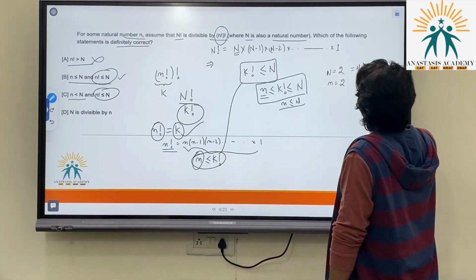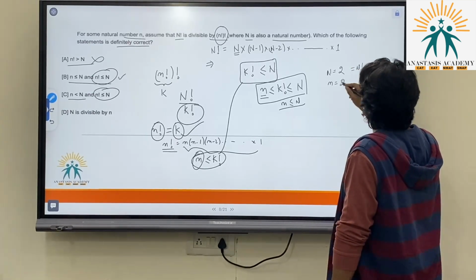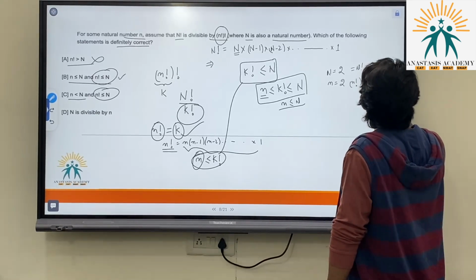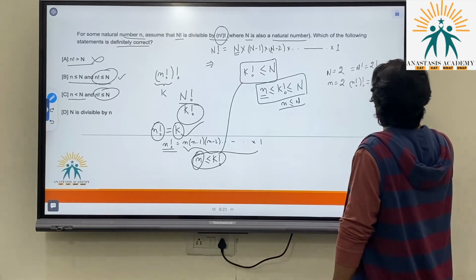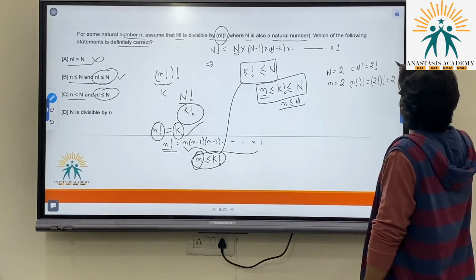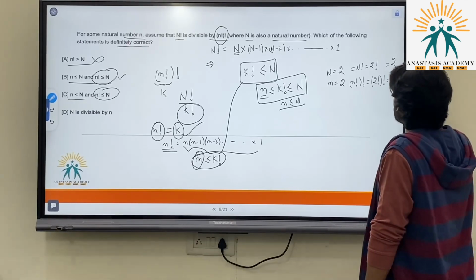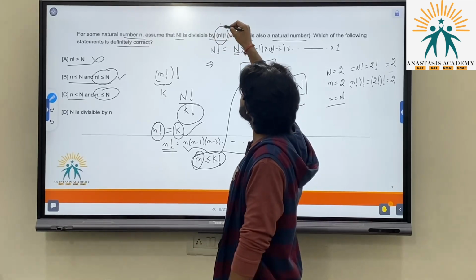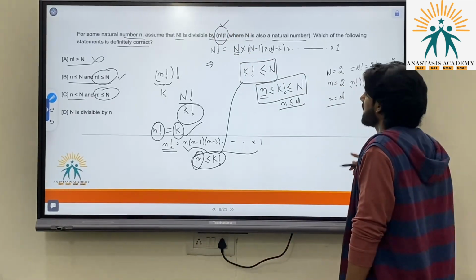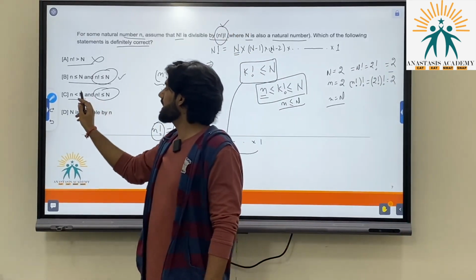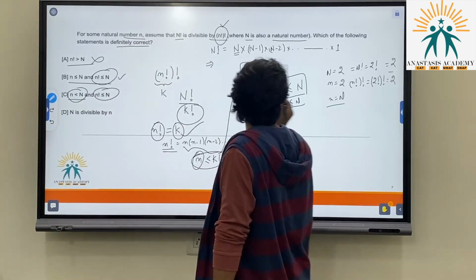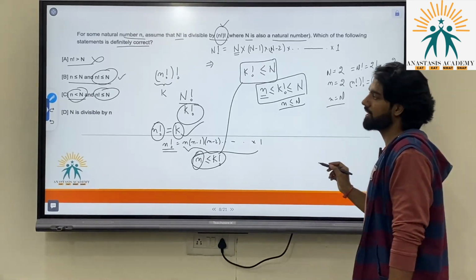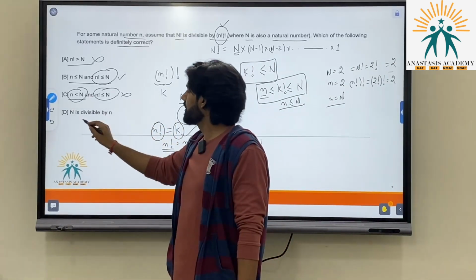In this case, n factorial becomes 2 factorial, which is 2, and N factorial is also 2 factorial, which is 2. In this case, n is equal to N and also N factorial is divisible by n factorial factorial. So I cannot always assume n is less than N. In this case small n is equal to capital N, so this option is ruled out.